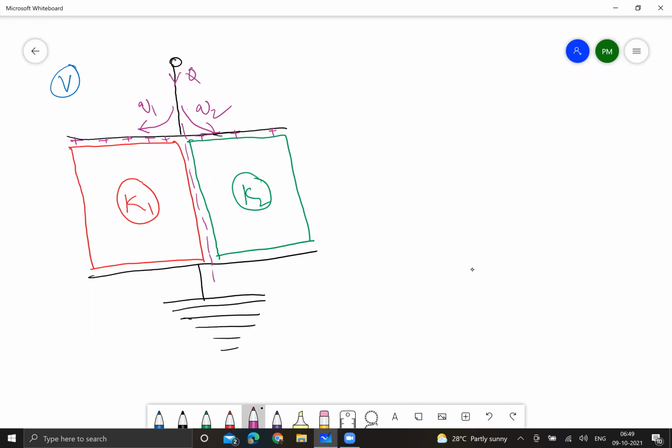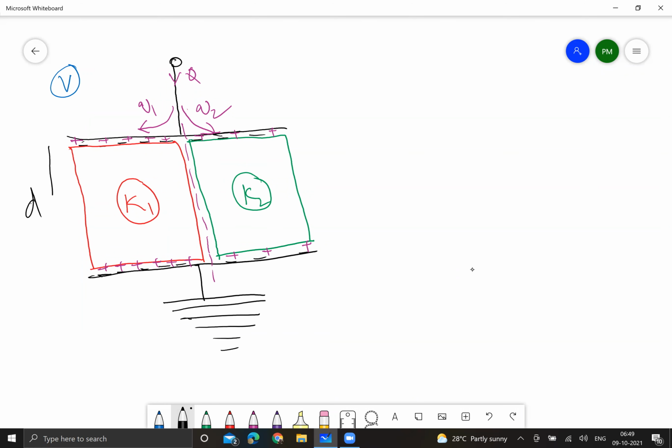So by induction, here we will get the negative charge like this, and here we will get the positive charge on the other face of the dielectrics. And lastly, here negative charge. Like this.